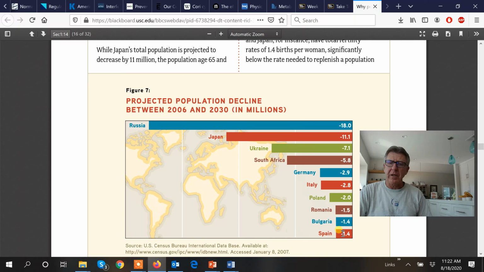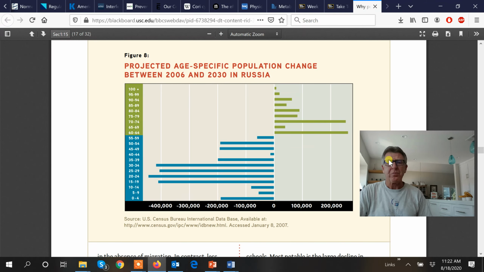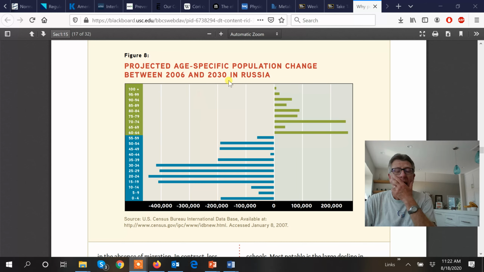We can look at all these population declines. Same thing in Italy. People are not having kids. So we can look in Russia and look at this dynamic. We're looking at negative losses right here between 2006 and 2030, coming up in 10 years.